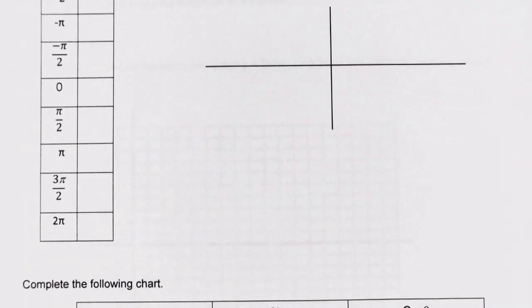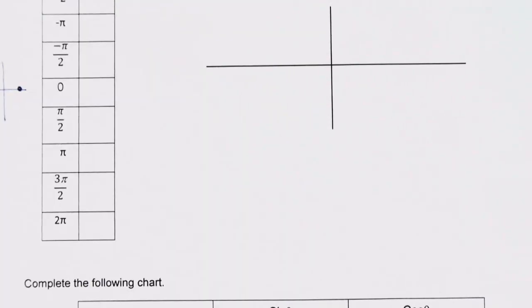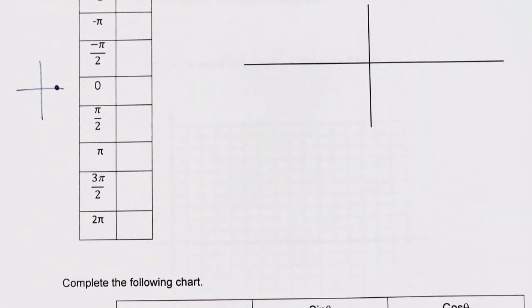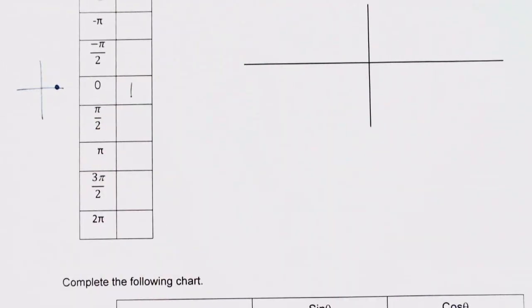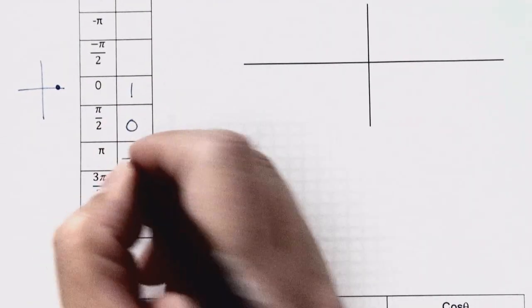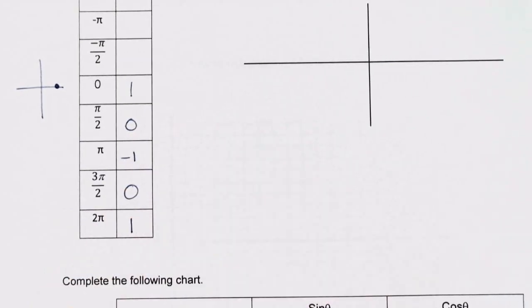Okay, let's start again. I always like to start with my positives. So at 0, what is my x value at 0? 1. At pi over 2, 0. At pi, negative 1. 3 pi over 2, 0. 2 pi, 1.